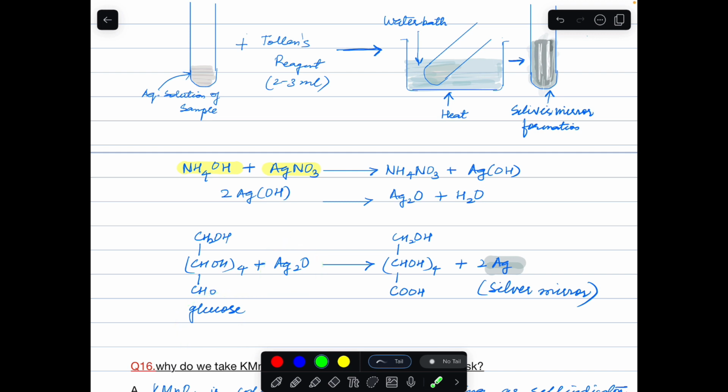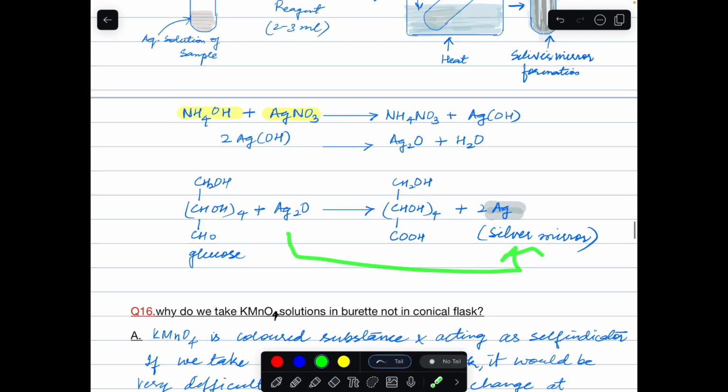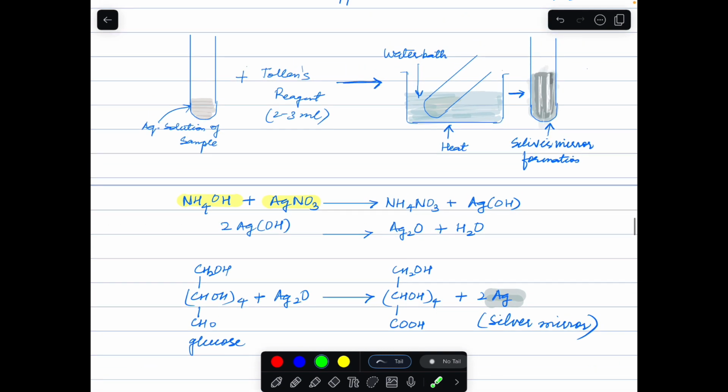Your glucose will undergo oxidation, while your silver oxide will be reduced into metallic silver. So this is reduction. Why? Because from the +1 oxidation state we are getting to the 0 oxidation state, and here your aldehyde group is oxidized to a carboxylic acid group. Okay, so this is oxidation. Therefore our sample of glucose is a sample of a reducing sugar, because it is reducing your Tollen's reagent. This is how we get the silver mirror. This metallic silver will be deposited at the inner lining of the test tube.